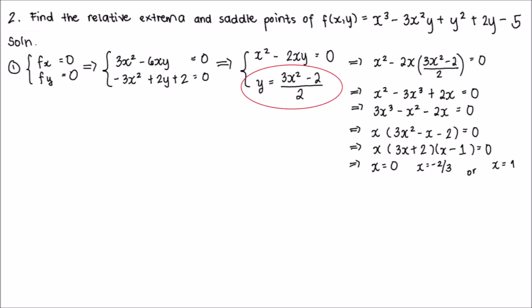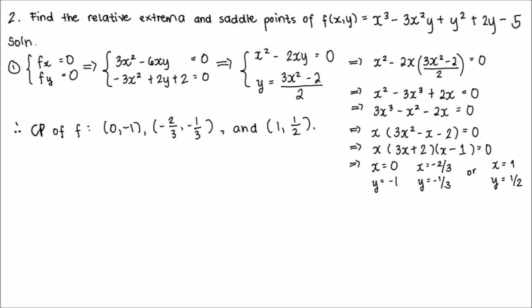Let us use this to solve for the corresponding y values. This is arithmetic and I leave it to you to check that this will be the values when you plug in the x's. Thus, our critical points are (0, negative 1), (negative 2/3, negative 1/3), and (1, 1/2).